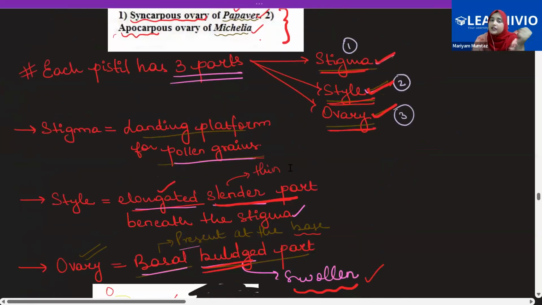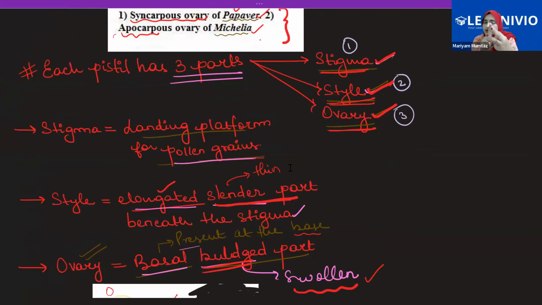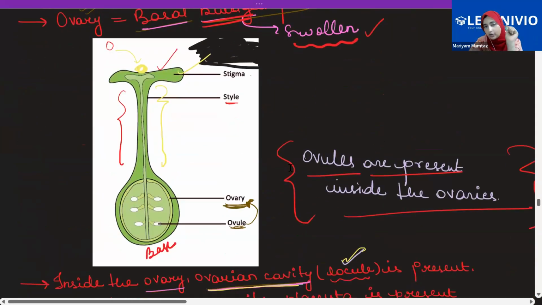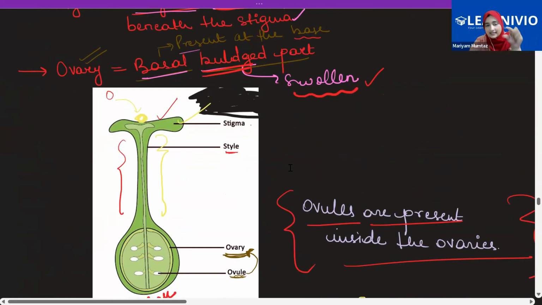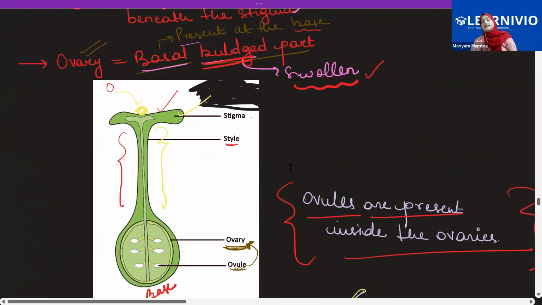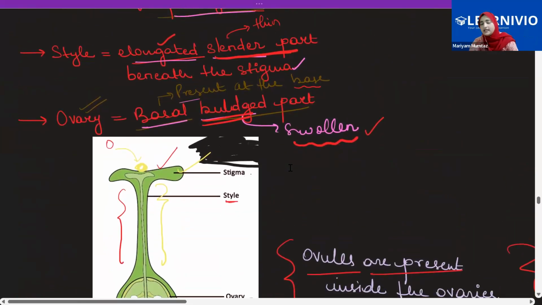Now every pistil or carpel is made up of three parts: stigma, style and ovary. Stigma is the landing platform wherever the pollen grains come and land. The style is the long neck portion that you see that connects the stigma to the ovary. The ovary is the basal bulged part.